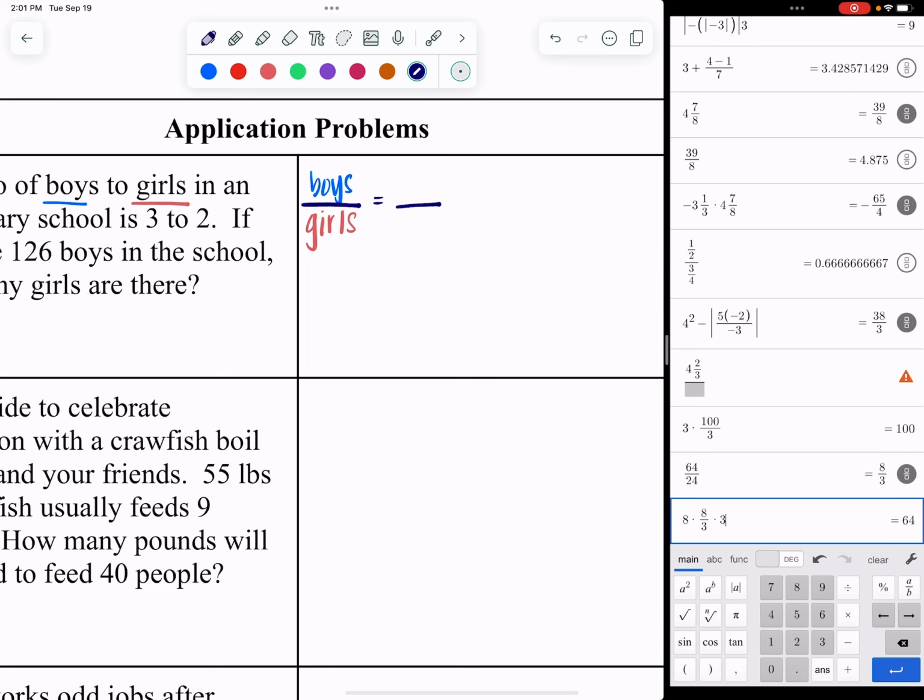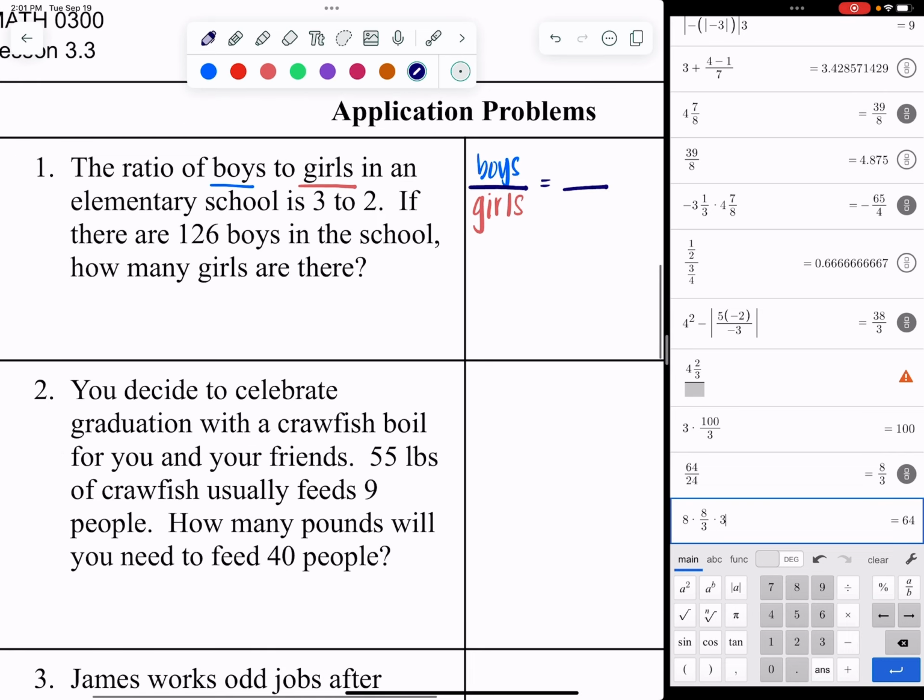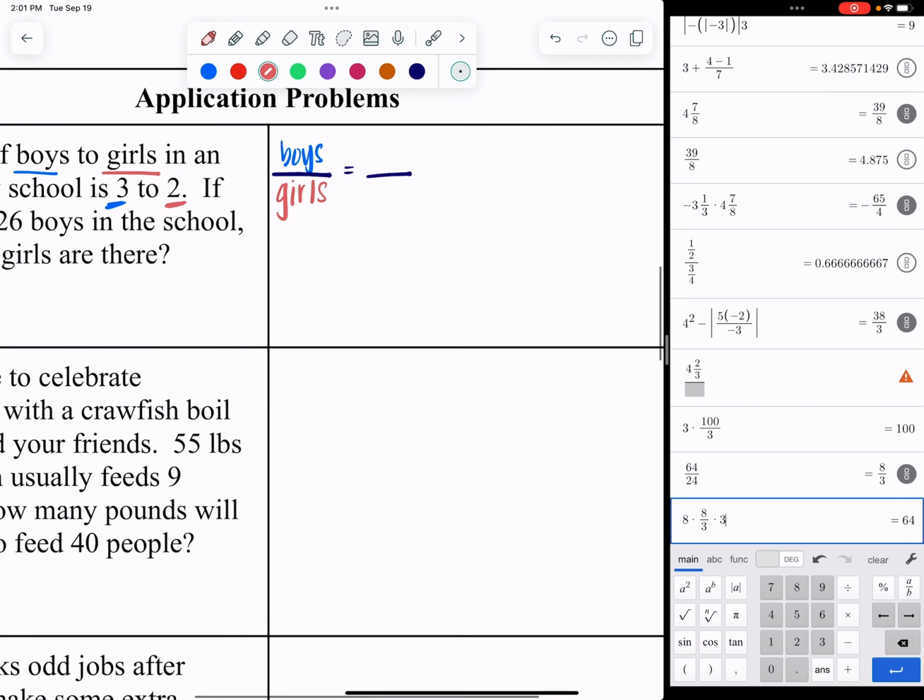When you are given a ratio, the ratio of boys to girls is 3 to 2, these numbers in the ratio go in the same order as the initial ratio. So that means 3 boys for every 2 girls.